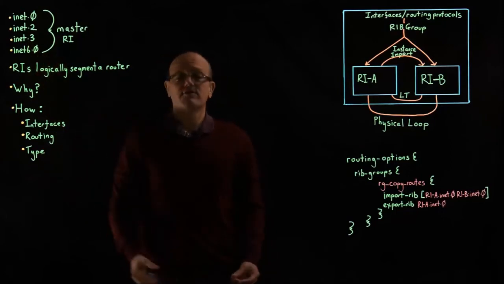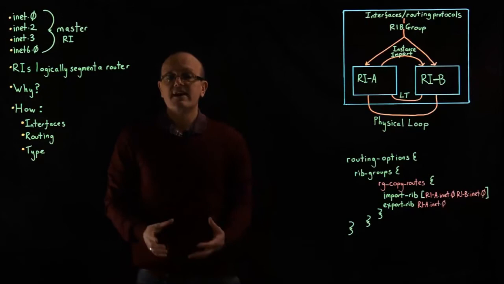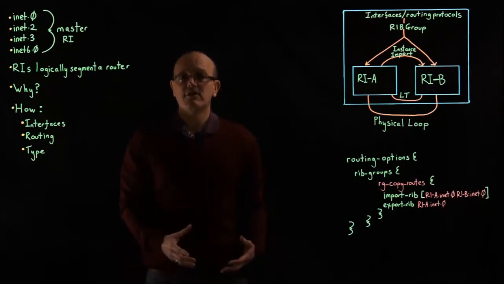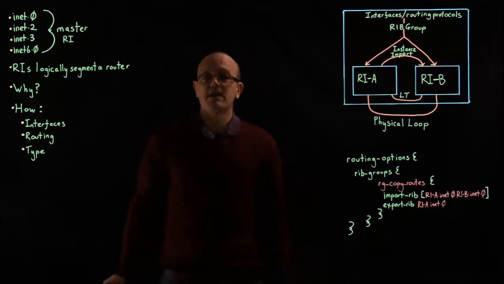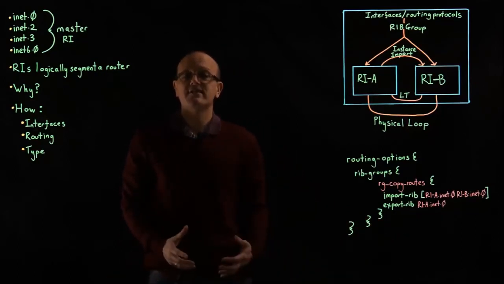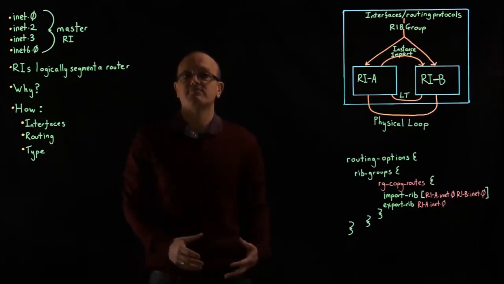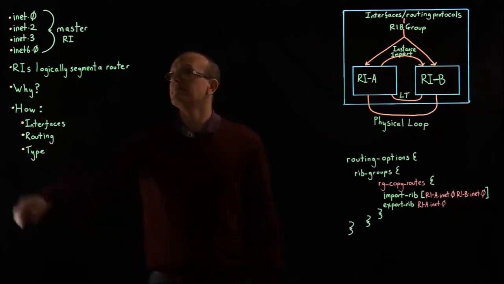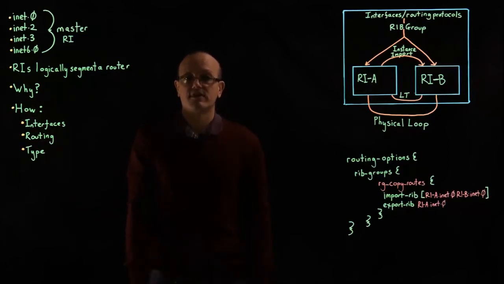The inet.3 routing table is used for taking IP traffic and pushing that IP traffic into LSPs, and for that traffic to then be MPLS label switched further downstream in the network. And it does this by being populated by the IP endpoints of the LSPs that you have established in your network. And we'll examine inet.3 in a lot more detail in subsequent videos.